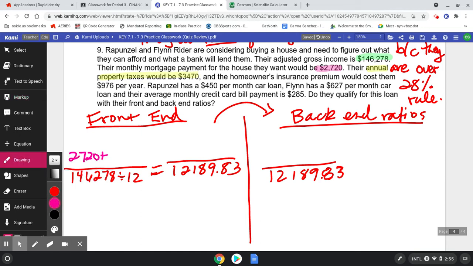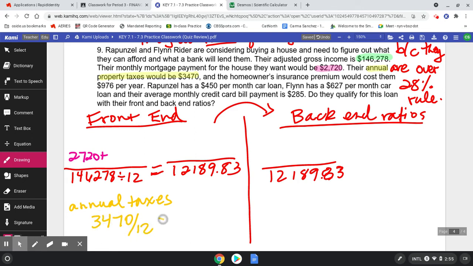So we do need to take those annual property taxes and divide by 12. So 3,470 divided by 12 is $289.17. I'm rounding there.